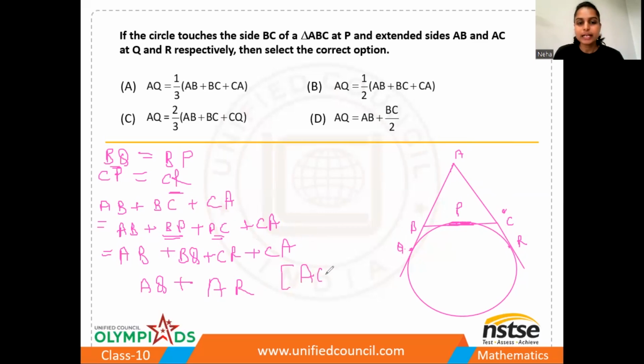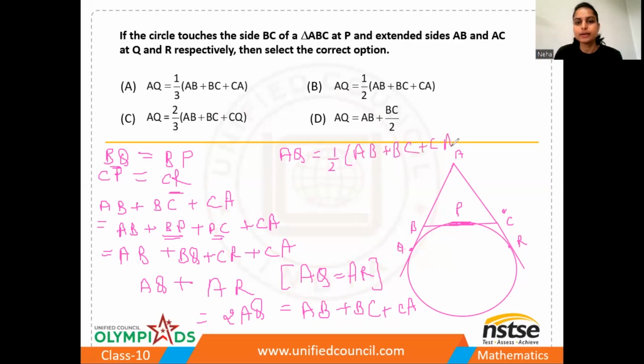We can say AQ is equal to AR because they are tangents drawn to a circle from point A. That means I can write twice AQ, which is equal to AB plus BC plus CA. So AQ is what now? AQ is equal to half of AB plus BC plus CA.